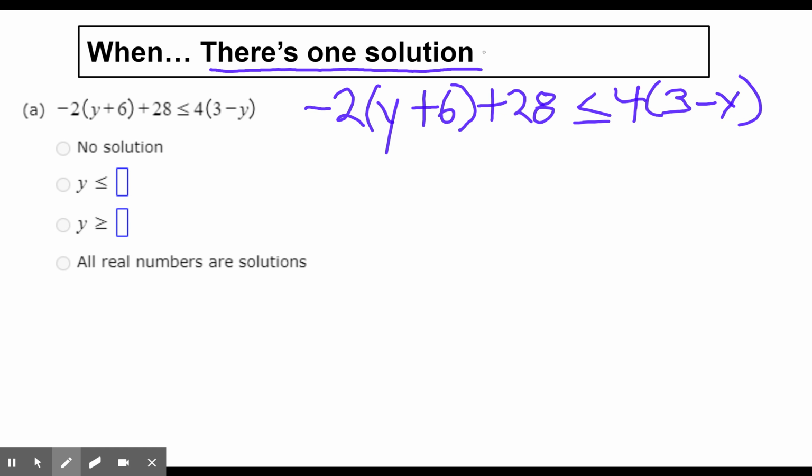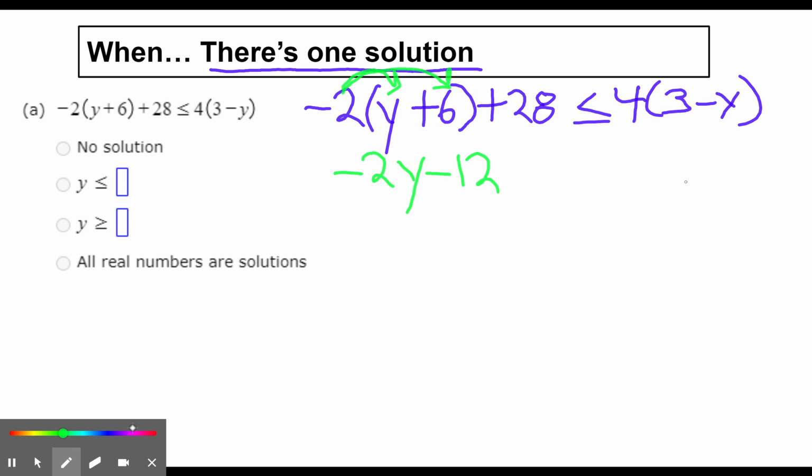The first thing we need to do here is simplify this complex inequality by simplifying each side. When I simplify each side, on the left I have -2 times y and -2 times 6. That's going to simplify to give me -2y minus 12. And I bring down my plus 28 from above.